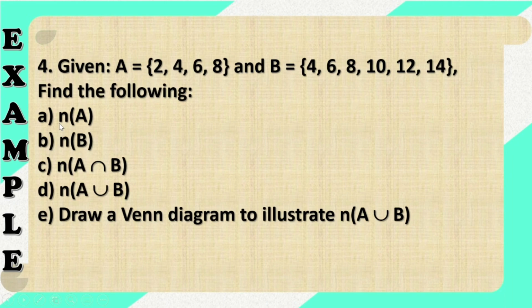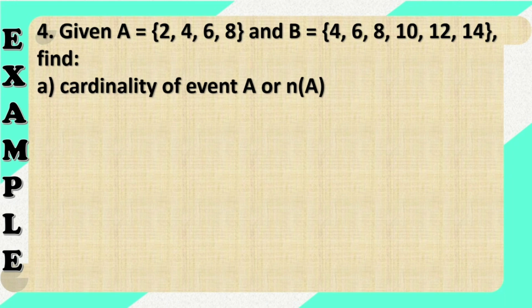Letter A, cardinality of event A. Letter B, cardinality of event B. Letter C, cardinality of the intersection of A and B. For letter D, cardinality of the union of A and B. And letter E, draw a Venn diagram to illustrate the cardinality of A union B. For letter A, find the cardinality of event A.